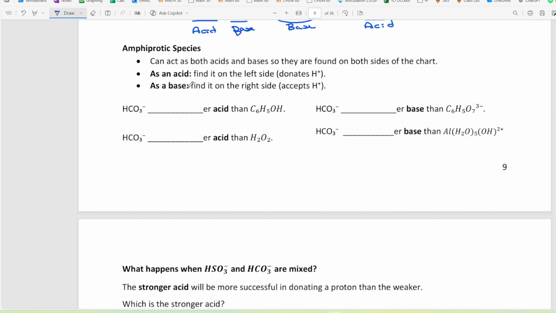As an acid, you'll find it on the left-hand side of your chart because they donate hydrogens, and as a base you'll find it on the right-hand side because it accepts. So HCO3 minus is one of those amphiprotic species. It exists as an acid and it exists as a base. What we're going to do right now is determine how to compare its strength as an acid or its strength as a base on the chart.